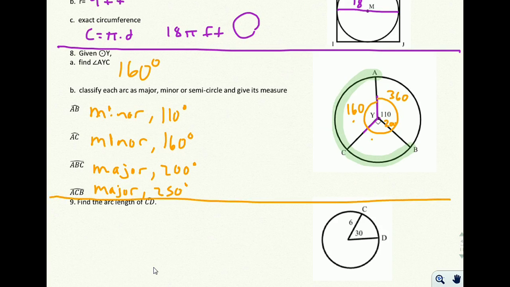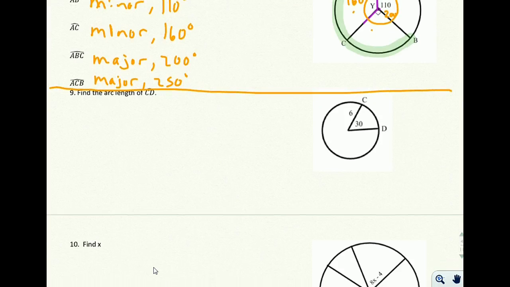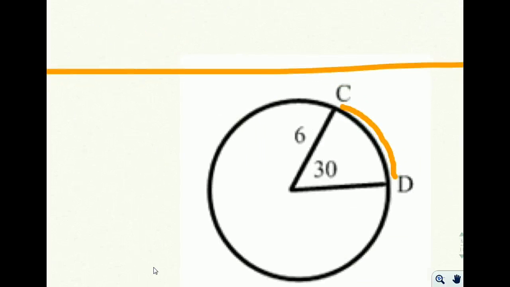Draw a little line again here. Number 9 says find the arc length of CD. So the arc length around the outside of a circle is always a portion of the total circumference, a portion of the total distance around the circle. And although it's not clear here, this is 30 degrees, so you might have a little degree sign on there.